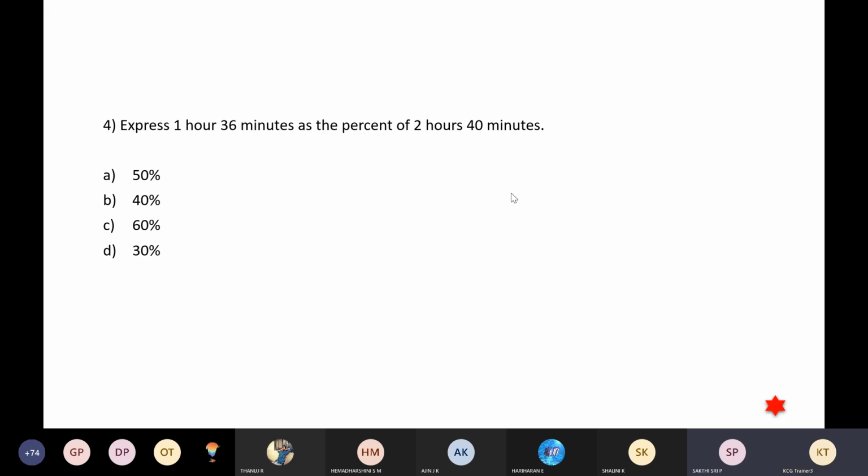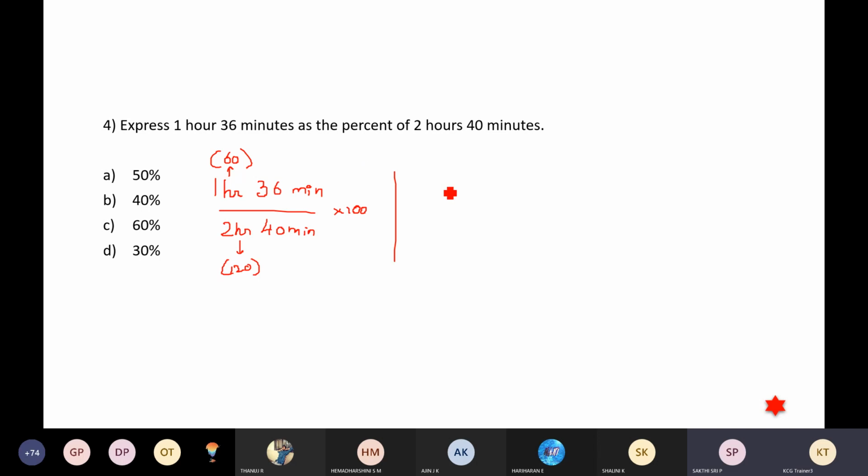Excellent. What are they asking us to find out? 1 hour 36 minutes out of 2 hours 40 minutes into 100. So this is my actual question. Obviously I cannot find it straight away, so I'm converting everything into minutes. 1 hour is equal to 60 minutes, 2 hours is equal to 120 minutes.